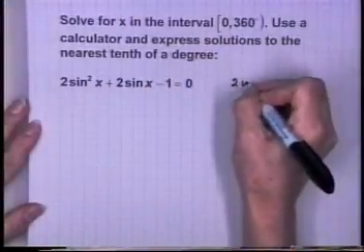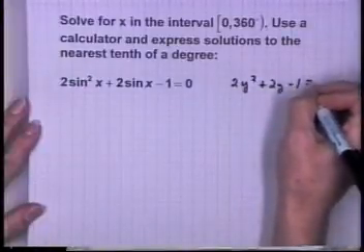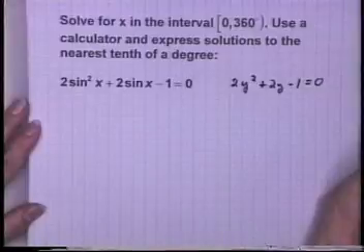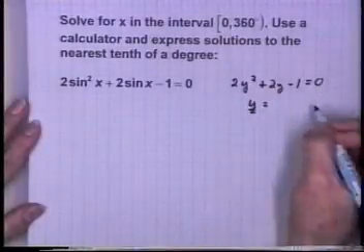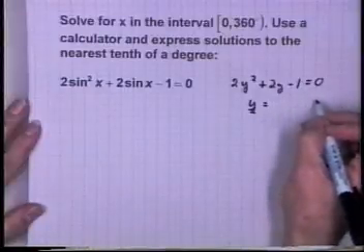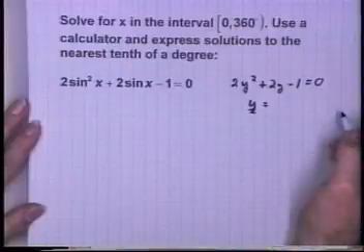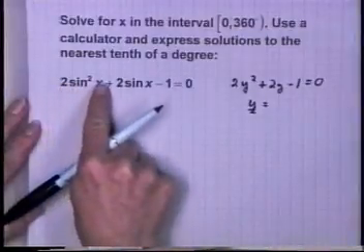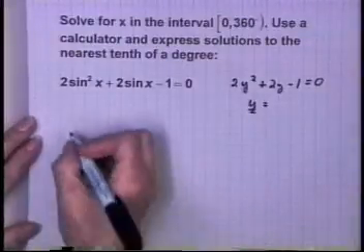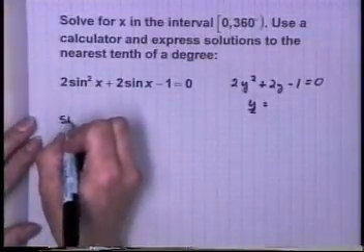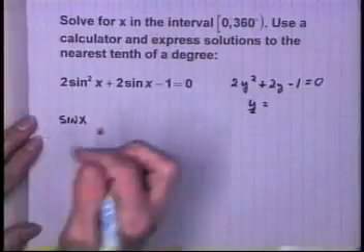If I have 2y squared plus 2y minus 1 equals 0, if I'm going to use the quadratic formula, I'm finding what? y equals minus b plus or minus square root b squared minus 4ac all over 2a. Remember that? Well, here, because I'm treating my trig function like my variable, when I use that quadratic formula, I will be finding the sine of x.